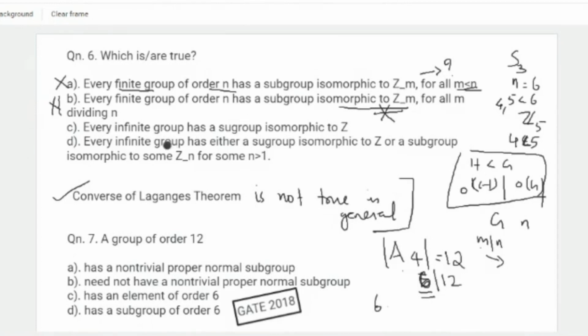B is also not true: every infinite group has a subgroup isomorphic to Z. Yes, I think that will need a detailed discussion. Whether it is right or wrong, have you encountered such a problem earlier?